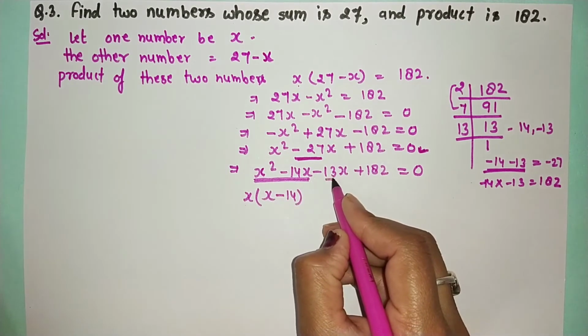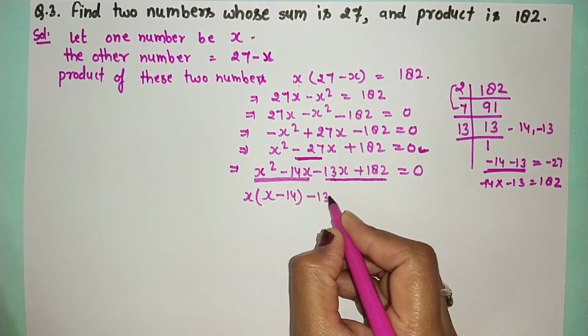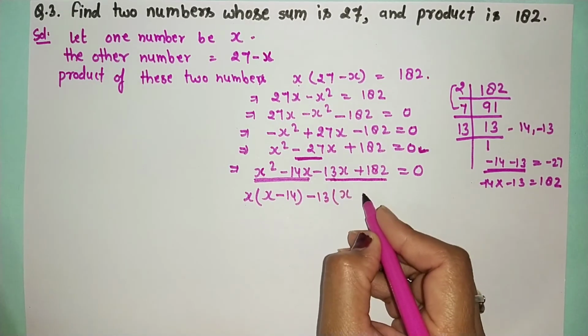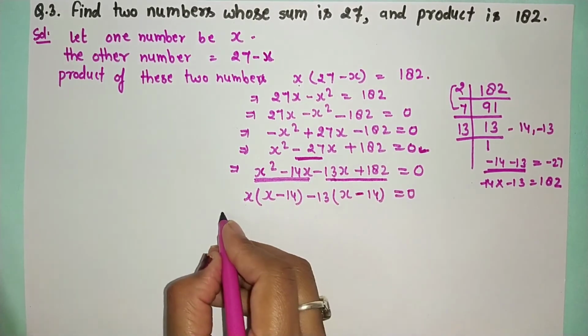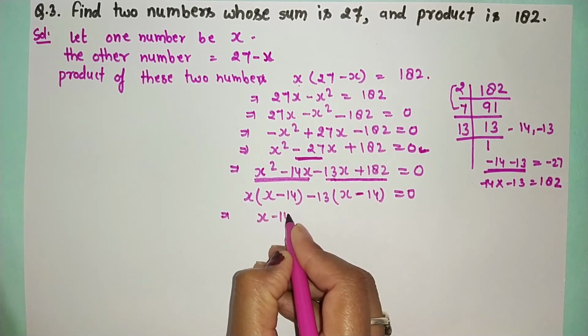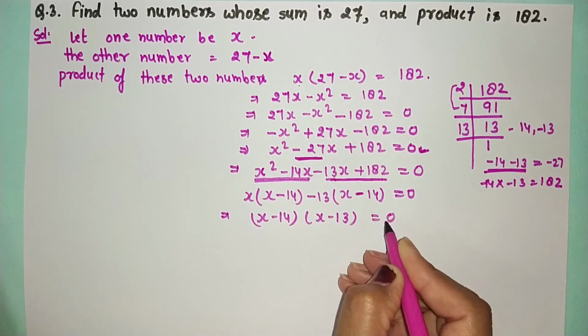And by taking minus 13 common in the last two terms, the remaining is x minus 14. So x minus 14 and x minus 13 equal to 0.